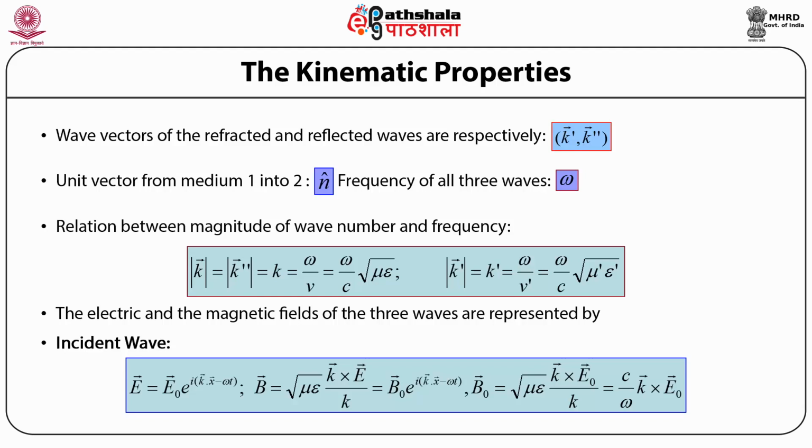Using the above definition of the wave number, this can further be written as c by omega times the wave vector k cross product with the amplitude of the electric field vector E naught.